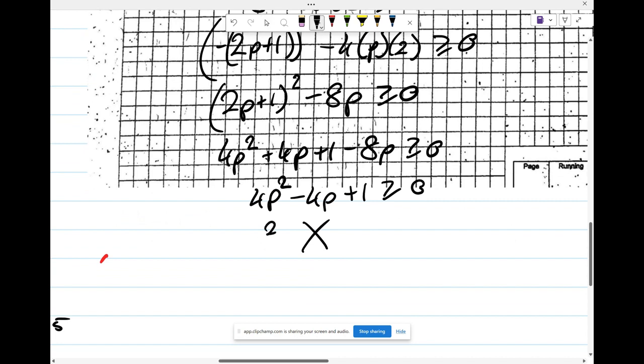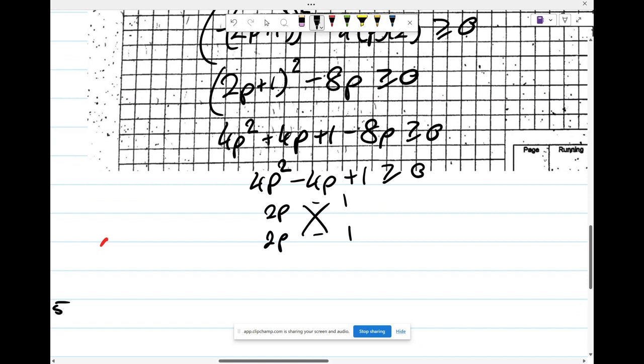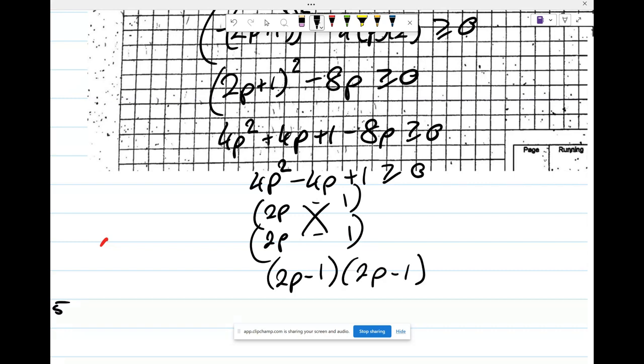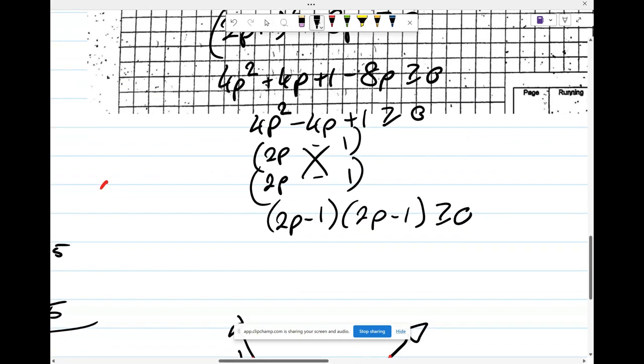So 2p times 2p gives 4p squared, 1 times 1, and then 2p times minus 1 is minus 2p, and minus 1 times 2p is minus 2p. So that's going to give us our minus 4p in the middle. So these are our factors, (2p minus 1) times (2p minus 1).